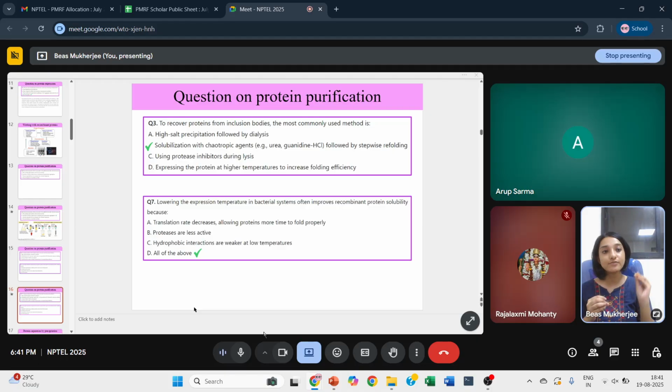Now to prevent that, you can grow it at a lower temperature. Let's say 30 degrees centigrade or 22 degrees centigrade, 16 degrees centigrade. Then what happens? Translation is definitely decreased because all the enzymes, everything works best at 37, right? So proteases are also less active, so they are not able to chop off your protein. Hydrophobic interactions are weaker. So all of these points are correct, and so D is the right option.